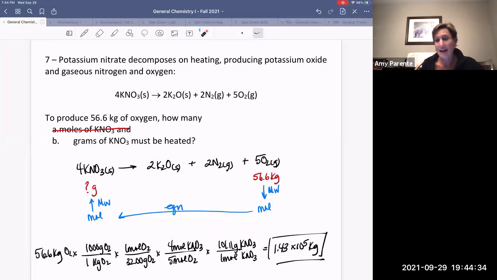It's the equivalent of saying, I'd like to make 2 dozen cookies, or 2 batches of cookies, let's say. How many eggs do I need? How many bags of chocolate chips do I need? So again, you're not always going to see a stoichiometry problem that's saying, starting with a reactant, go to product. You can be given information about a product and go to reactants, okay?